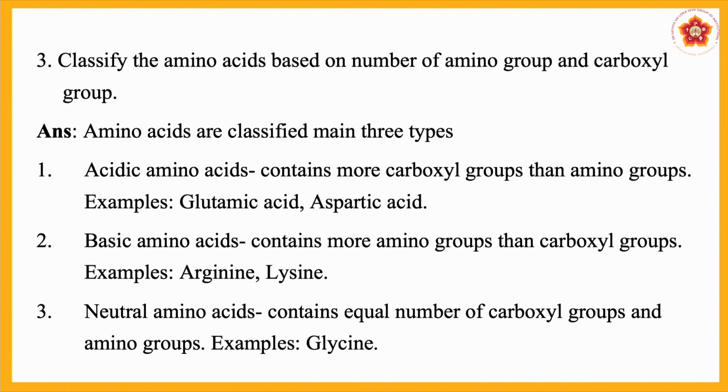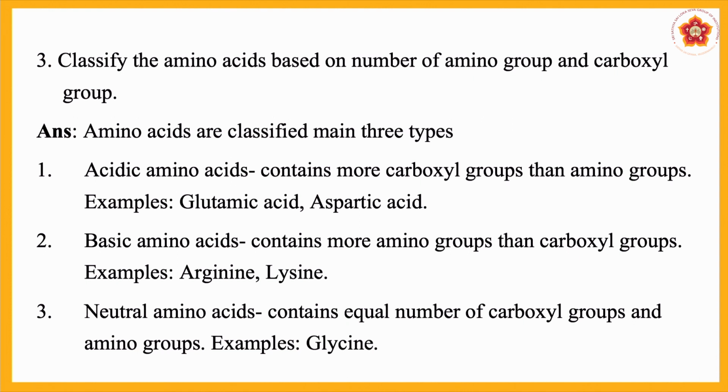Third question is, classify the amino acids based on the number of amino groups and carboxyl groups. The answer is, amino acids are classified into 3 main types: acidic amino acids, basic amino acids and neutral amino acids. Acidic amino acids contain more carboxyl groups than amino groups. Examples: glutamic acid and aspartic acid.